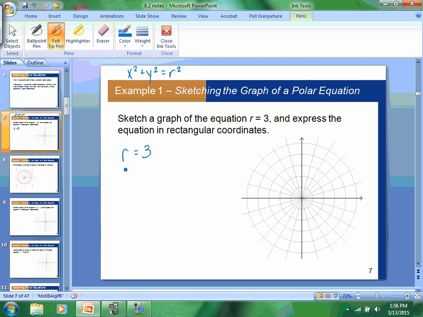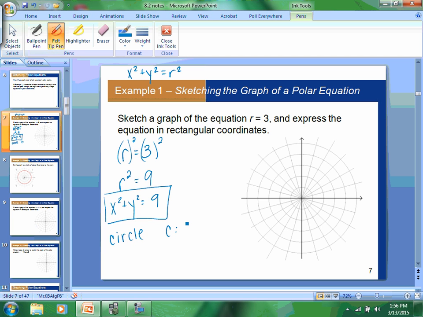The way to make this r into an r squared is to square both sides of this equation. Then I'll have r squared is 9, and r squared is x squared plus y squared equals 9. This is the equation for a circle. Its center is at 0, 0, and its radius is 3, because 3 is the square root of 9.